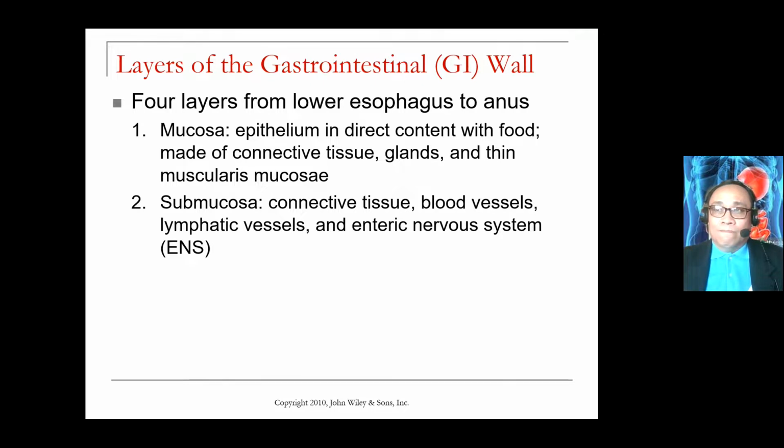And the type of epithelial tissue would vary from one place to another. For example, in the region of the oral cavity, as far as the esophagus, the lining is made up of stratified squamous epithelium.